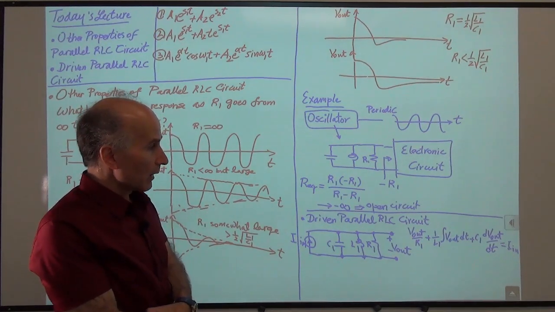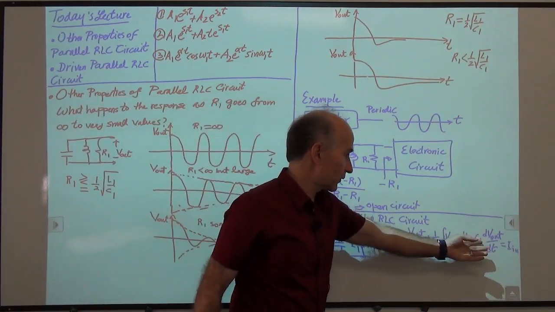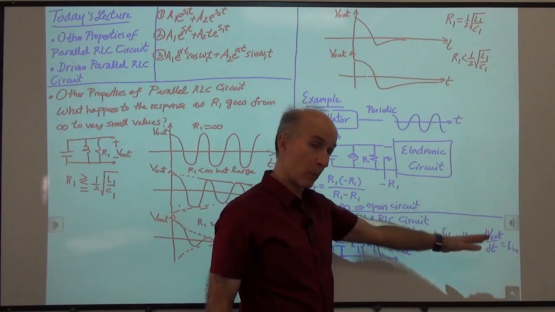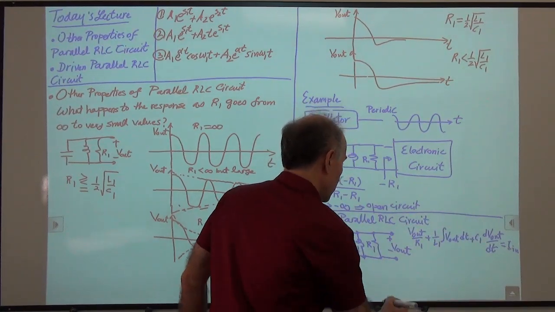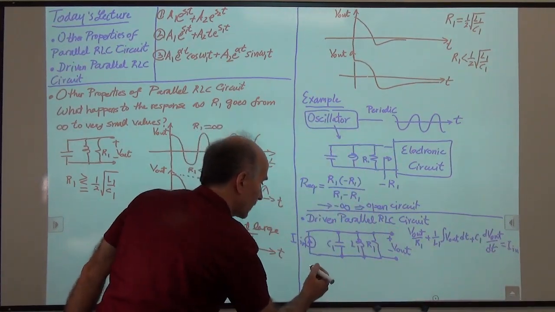All right, now to create a simple differential equation out of this, we can take the derivative of both sides. So we end up with something like this. I'm going to start from here. That would be the second order term.